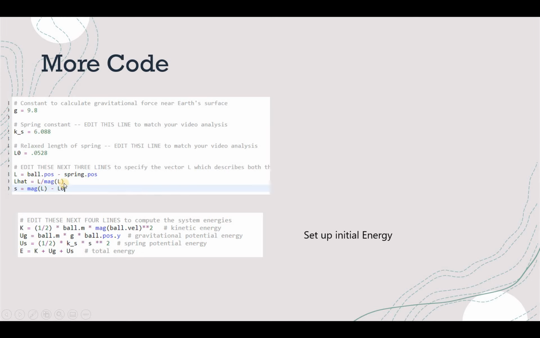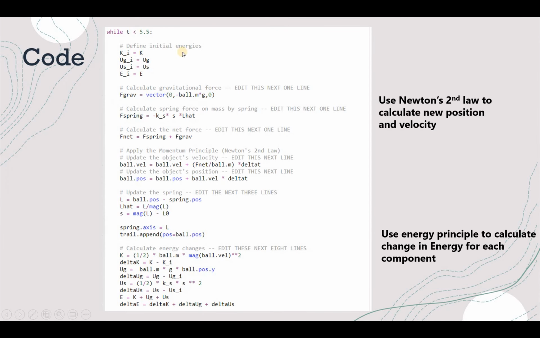Then L hat will be L over the magnitude of L, and s will be the magnitude of L minus the relaxed length. And then this is setting up our initial energy, so kinetic energy, potential energy, spring potential energy, and total energy. So we use the equation right there, and then we add them all up for our total energy.